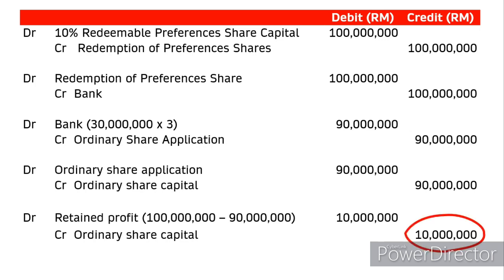So you cover another 10 million from your retained profit. So 90 million from issuance of shares and 10 million from retained profit. So the total capital cover is 100 million ringgit.